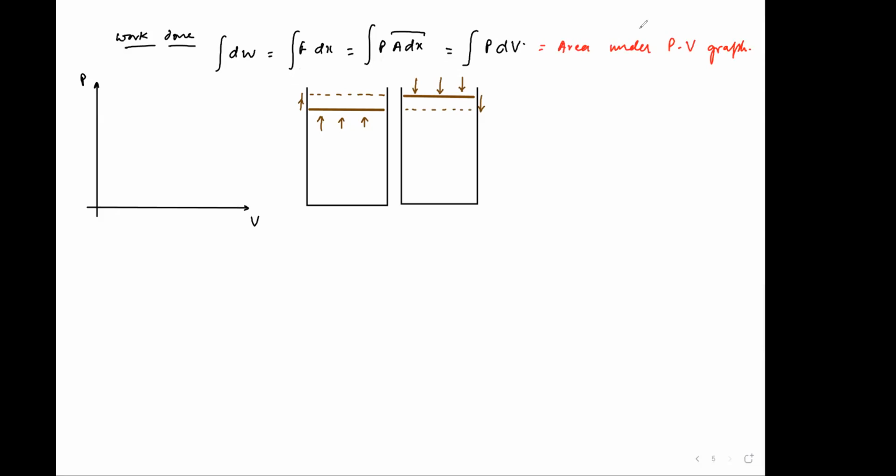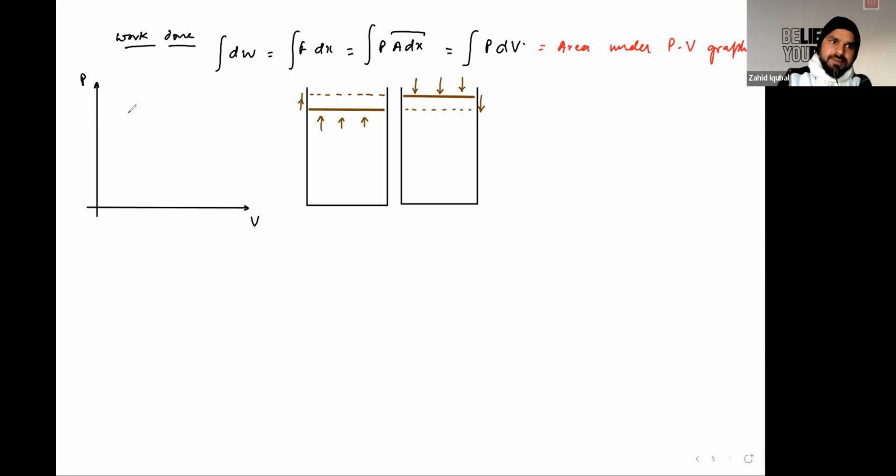Yes, sir. From the first part, let's say the initial state of the gas is at this point. On expansion, volume will increase and correspondingly there will be a change in pressure as well. So let's say it reaches some point B along this path.